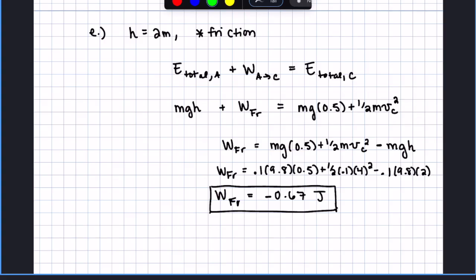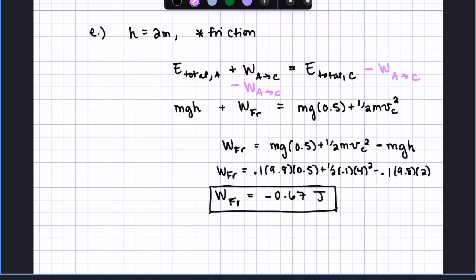Yes? Does that mean you could put it on the right side? Yep, so the other way that I've seen this is instead of having your work from A to C on the positive side, you have your work from A to C on the right side, but then it's a negative.